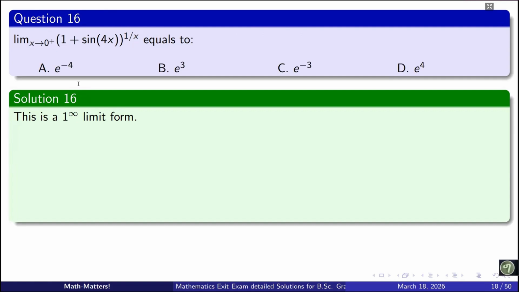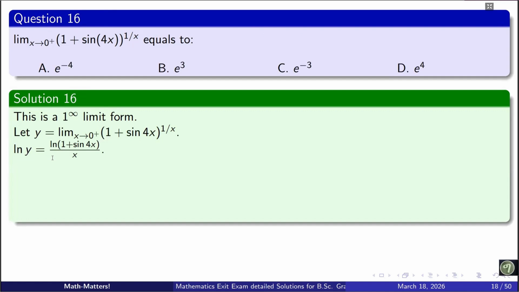So in order to determine the limit of this function as x approaches 0, we have to convert this 1 to the power of infinity form into either 0 over 0 or infinity over infinity indeterminate form. So to do this, let's assume that the limit of this function at 0 from the right side is y. Then let us take the natural logarithm of both sides of this equation.